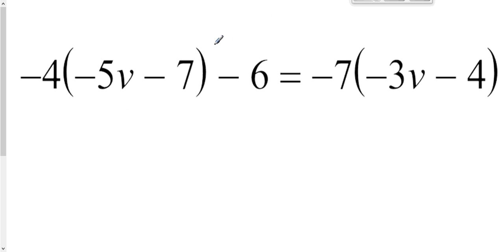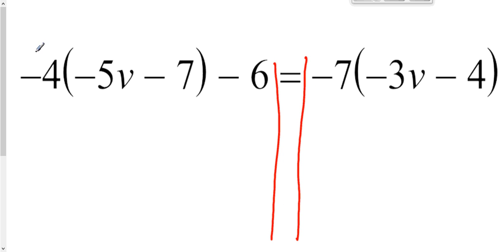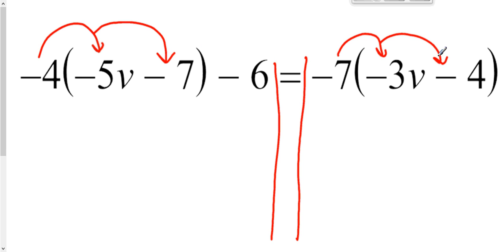Last problem we're going to look at together. Once again, distribute before you do anything else. Get rid of those parentheses. Negative 4, negative 5 gives us 20v. Negative 4, negative 7 gives us positive 28. Minus 6.